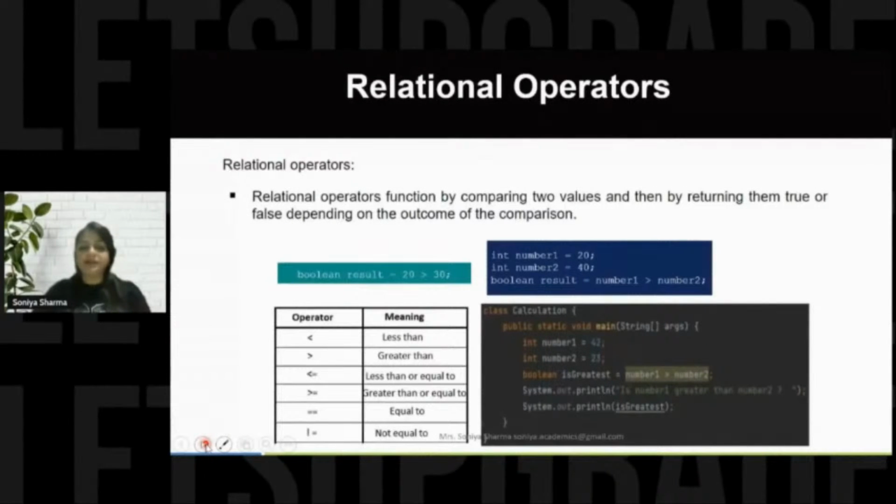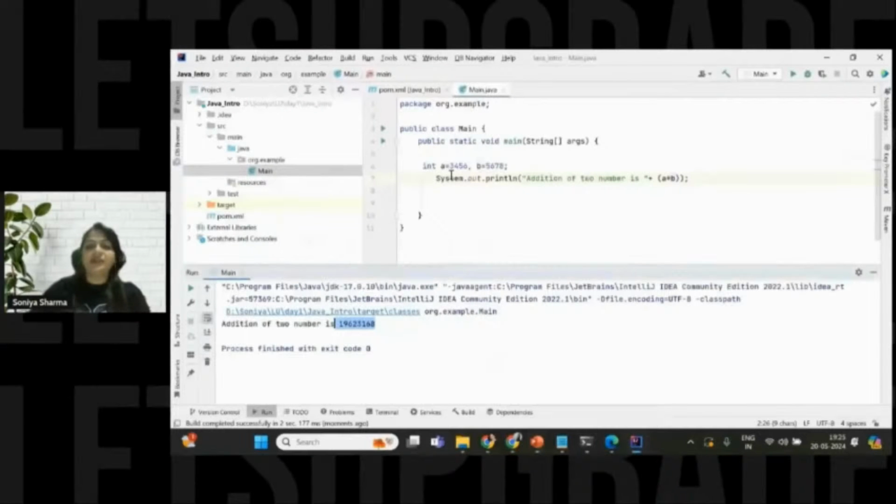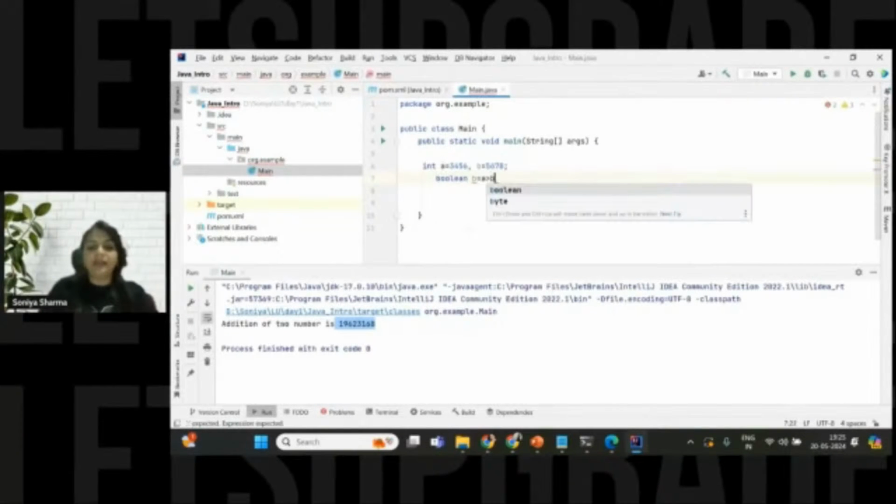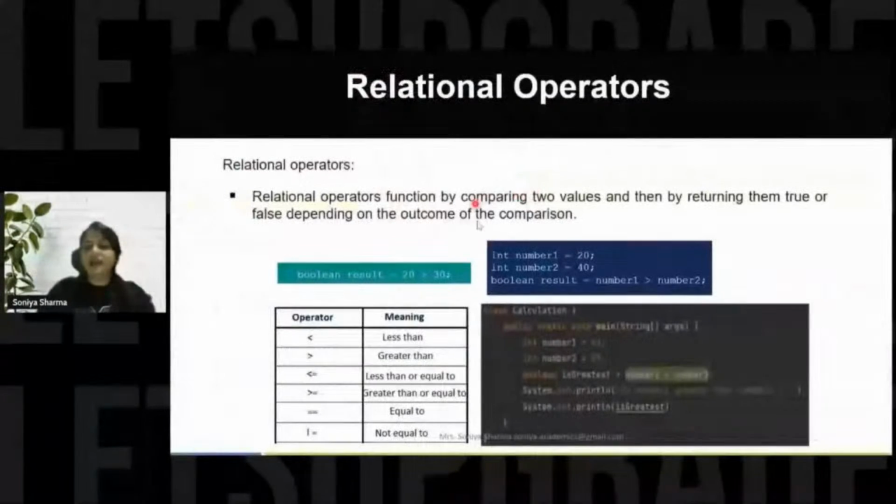Relational operators: you have greater than, less than, equal to. Suppose I have this. Now I will store it like boolean b is equal to a is greater than b. Whatever answer comes will be stored in b.